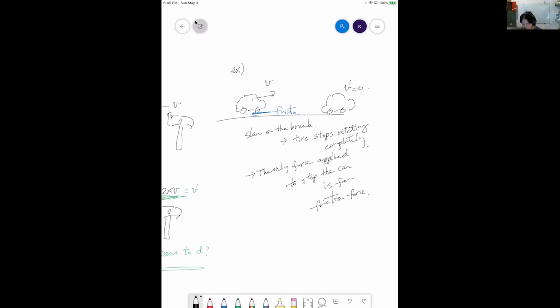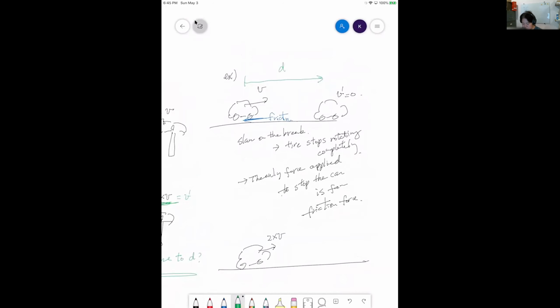What if now you're driving the same car, but this time with twice the speed? So initially it took you distance D to stop. Now if you're going at double the speed, again the tire stops completely, and the only force you have is from the same friction force between the tire and the road, right?